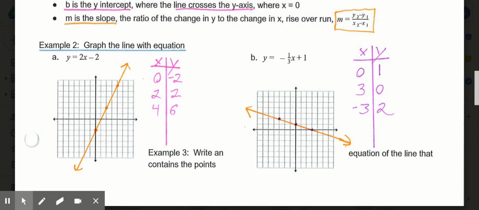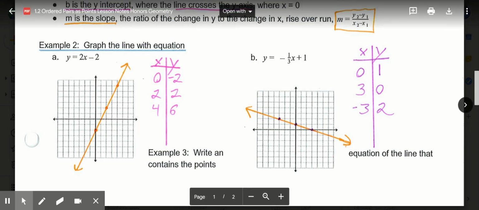Now, the other way that we can go through and do our graphing here is simply by looking at the equation. If we know our y-intercept is at -2, we can start with that to graph. So we would start at our y-intercept at -2.